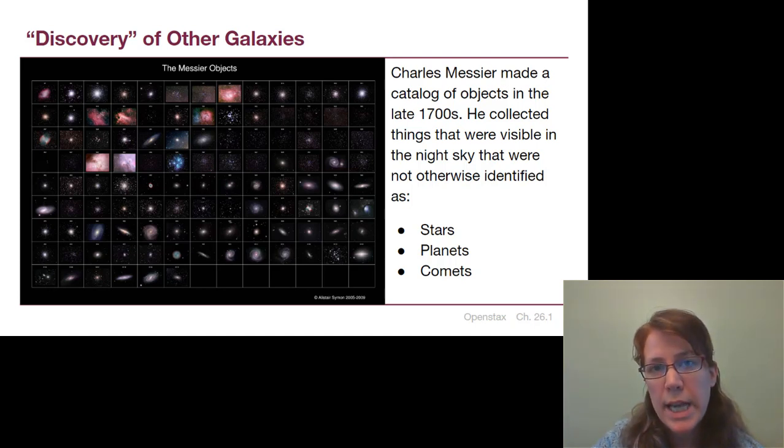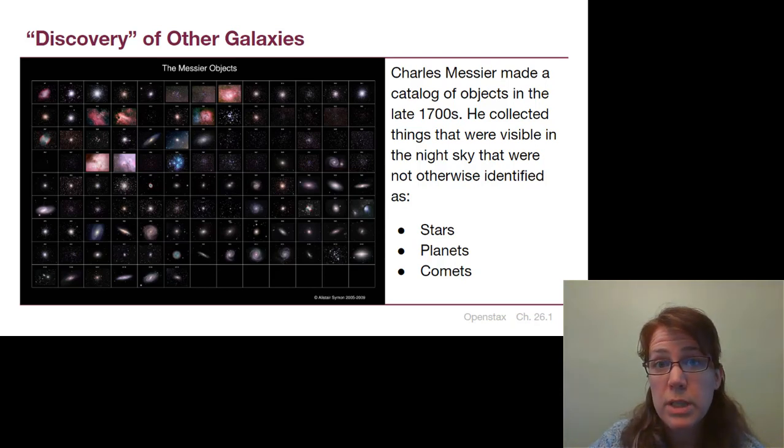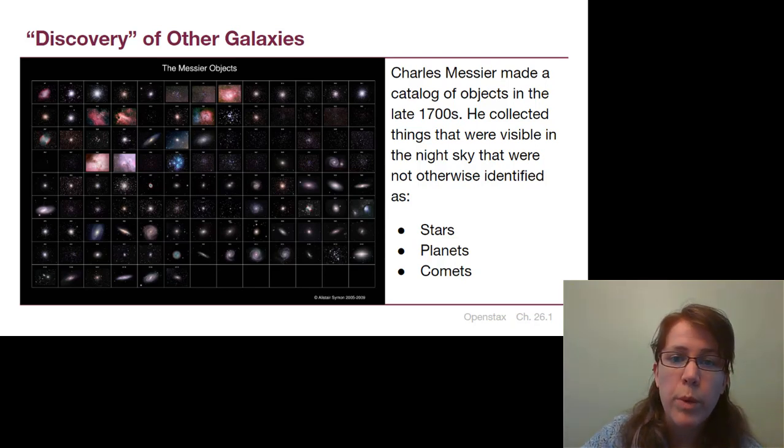So this became the Messier catalog. And if we look at even just the tiny pictures here, and you can also just Google the Messier catalog and look up a bunch of those yourself, what we might notice is that a lot of them seem like they are just star clusters.